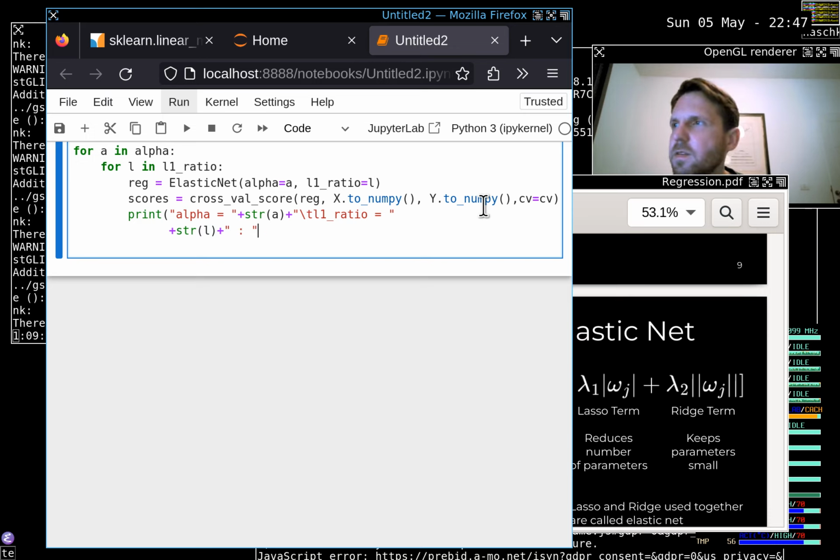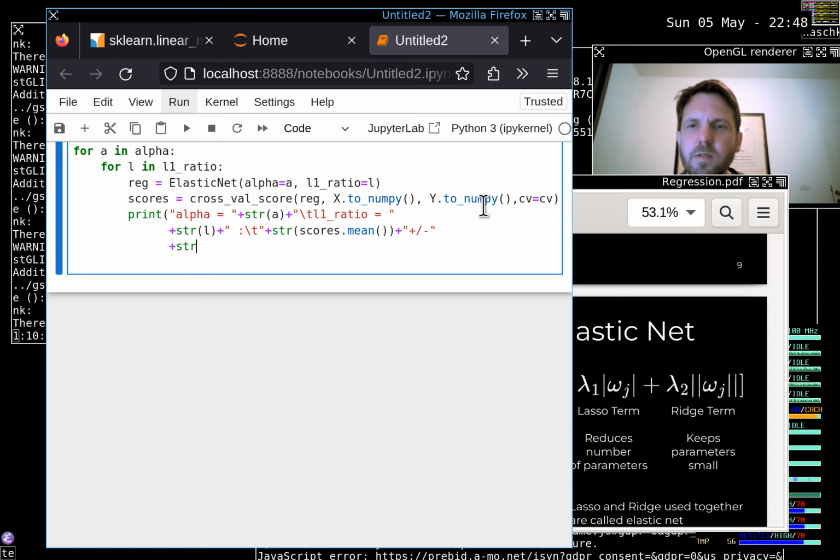Let's put the tabulator here, and you can do something like plus minus. Use as last time the standard deviation in order to get the standard error, something like that.